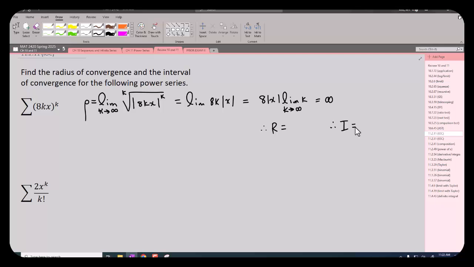No. So the radius of convergence is in fact 0, and the interval of convergence is really a degenerate interval. It only contains a single number, and that single number is the center of the series. And what is the center of this series? Center of a series is always a number. When in doubt, it's 0.